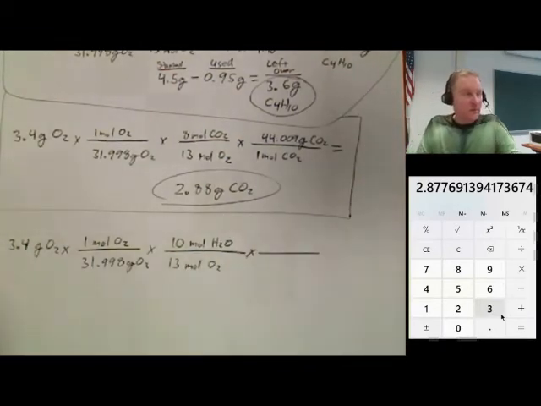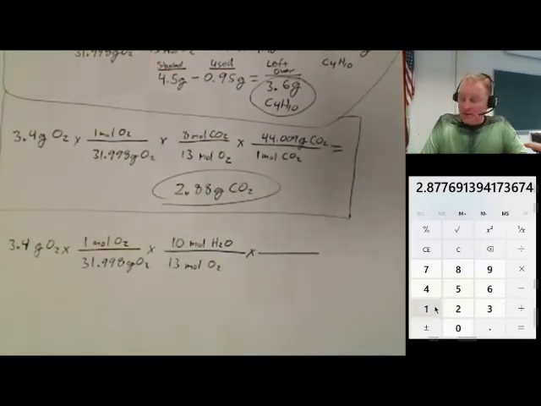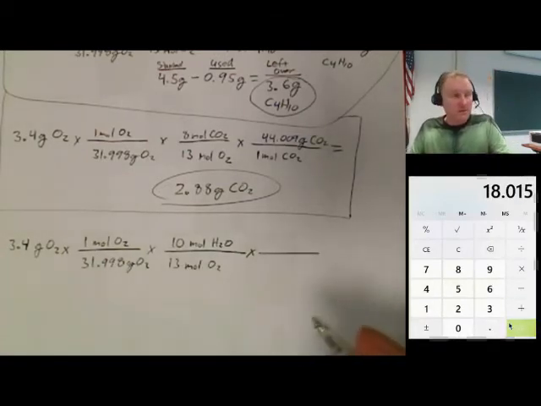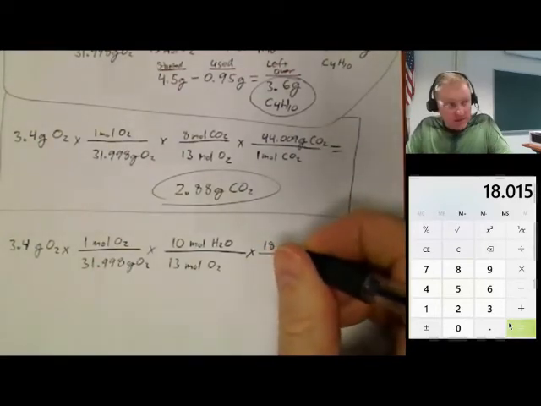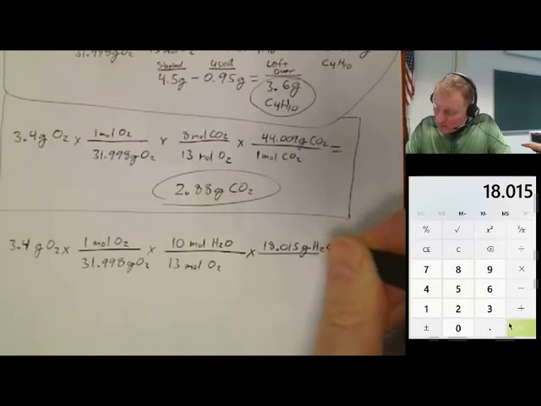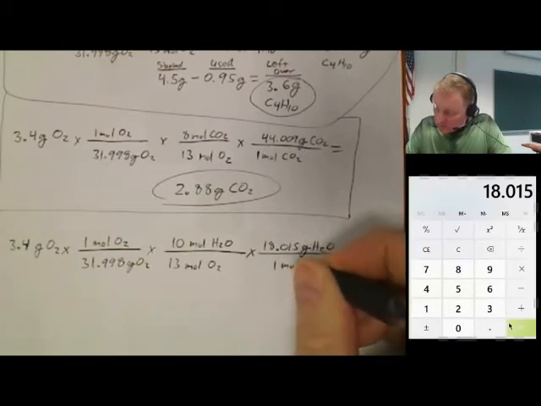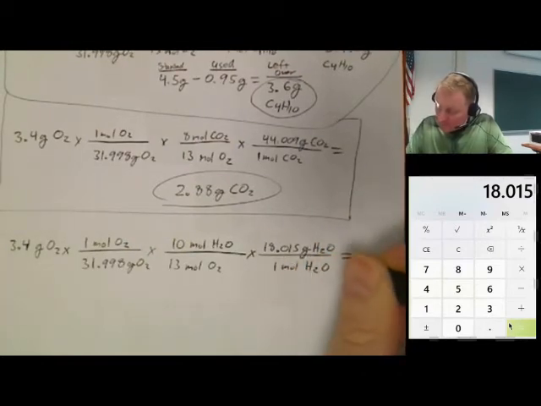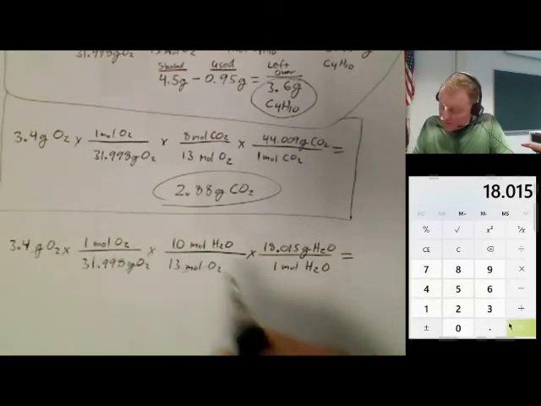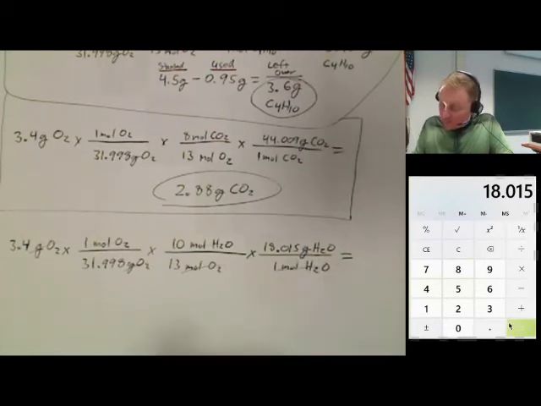And the molar mass of water, H2O, 2 hydrogens, 1.008 times 2 plus an oxygen, which is 15.999. So the molar mass of water is 18.015 grams of water for every 1 mole of water.